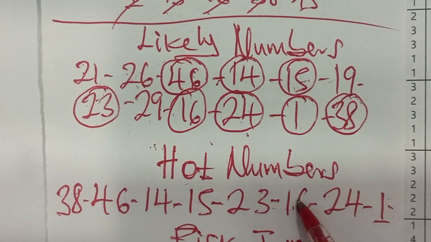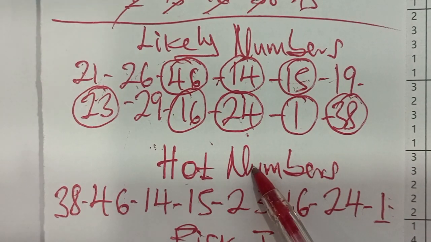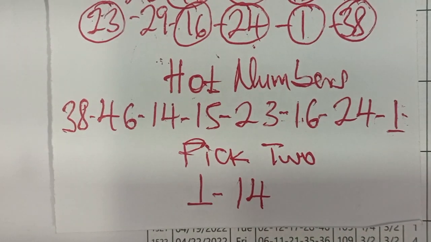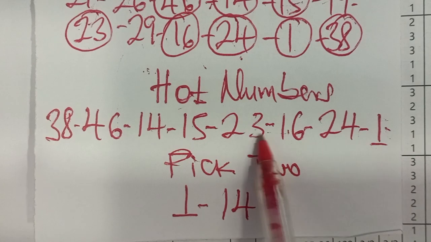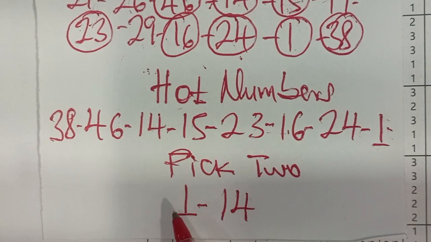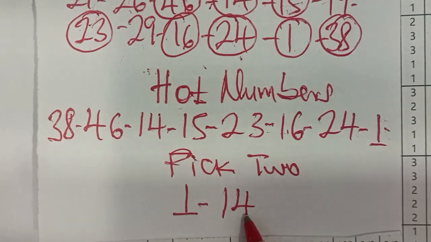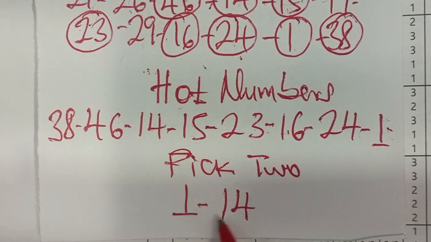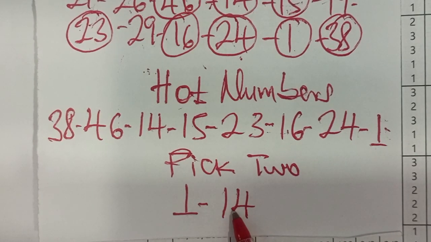These are the 8 hot numbers for today's Euro Million lottery. All right. Then the pick two numbers among this set, the very best pick two numbers, they are single 1 and 14. They are the hot pick two numbers that you can rely on.